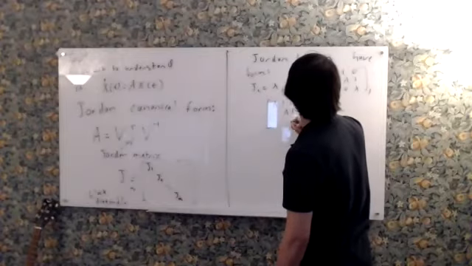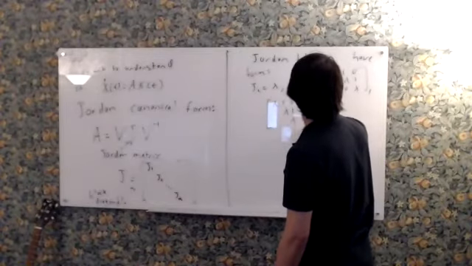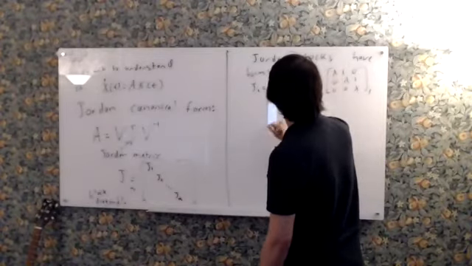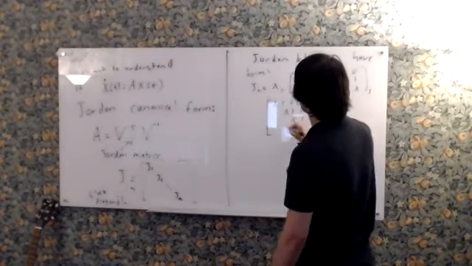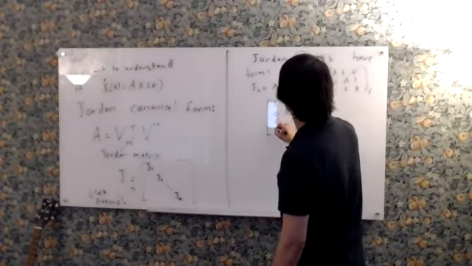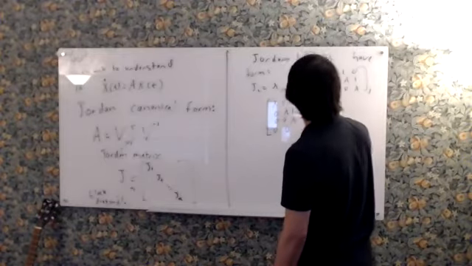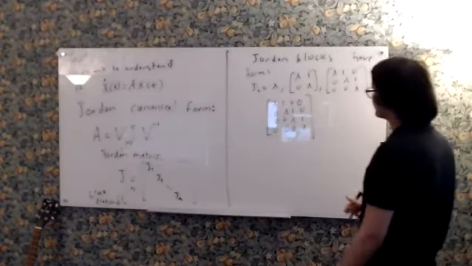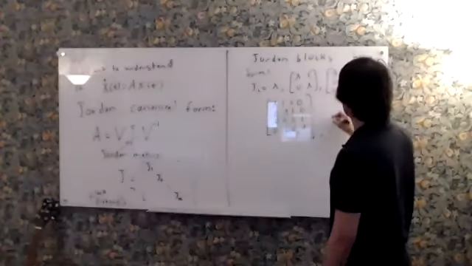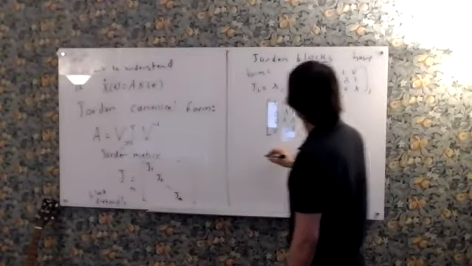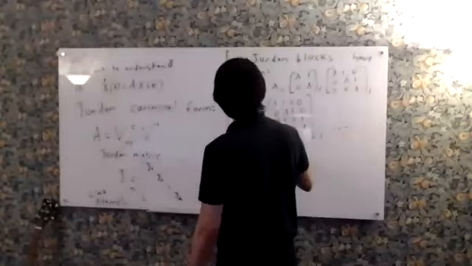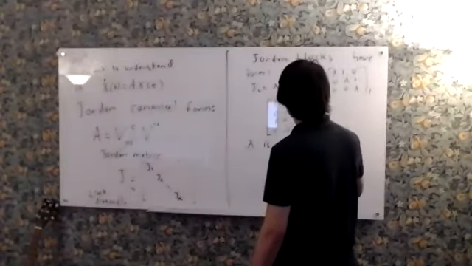The pattern here is that it's always the form of a matrix with lambda on the diagonal, ones above the diagonal, and zeros everywhere else, where lambda is an eigenvalue.